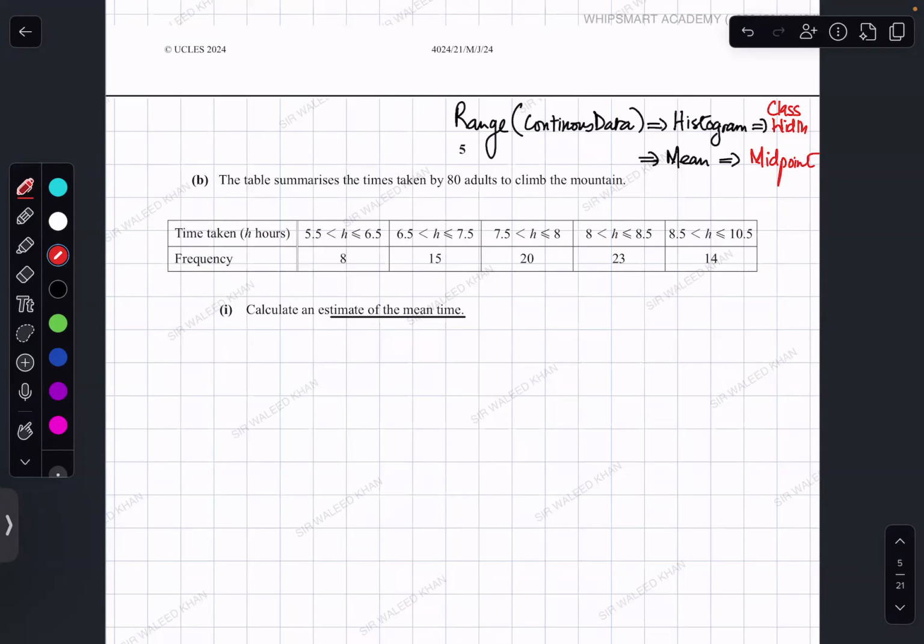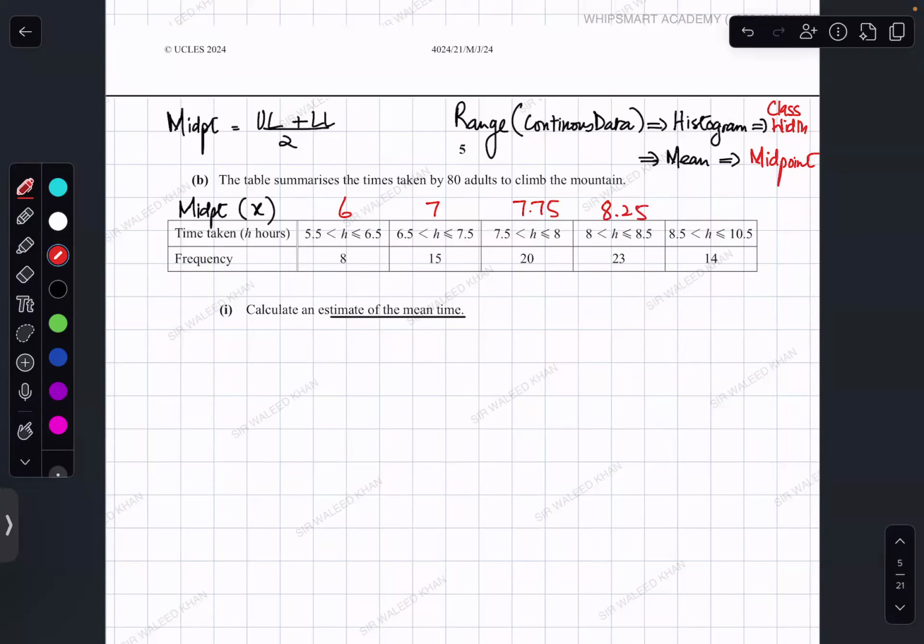Okay. So over here, I have to figure out the midpoint of it. So midpoint is upper limit plus lower limit divided by 2. So the midpoint over here, that will be considered as the value of x. 6.5 and 5.5, it is 6 over here. 7.5, this is 7 over here. 8 plus 8.5 divided by 2, 7.75. 8.5 plus 8 divided by 2, 8.25.